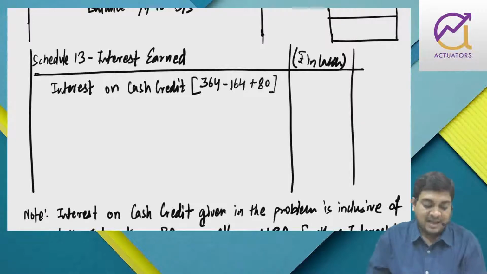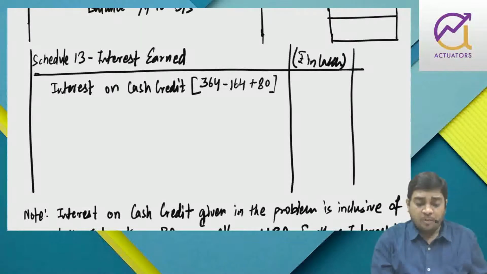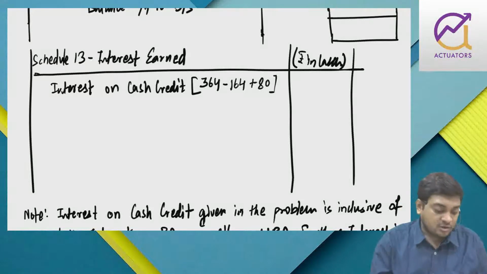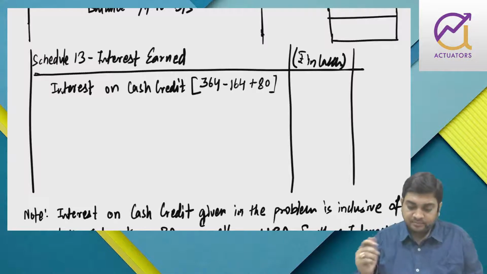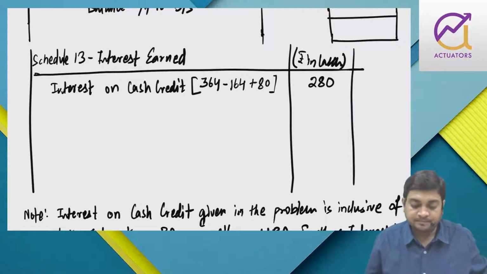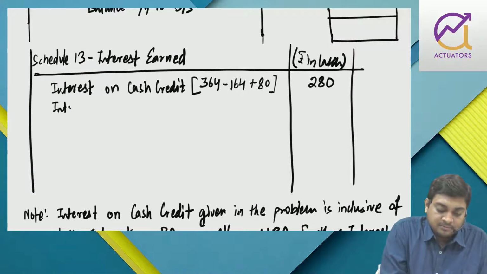As simple as that. With respect to non-performing, what is included? Earned. What should be included? Cash. So I will subtract the earned one and add the cash part.